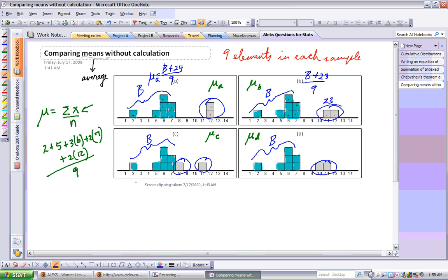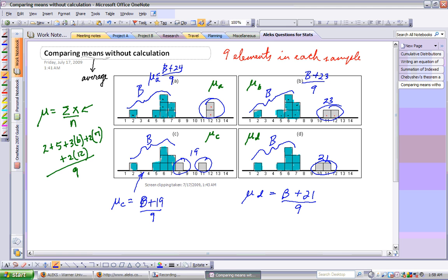This one down here, 8 plus 11 is 19, so the mean of C would be B plus 19 divided by 9. And finally, the mean of D would be B plus 10 plus 11, which is 21, so B plus 21 divided by 9. So whatever this total is, D is B plus 21, C is B plus 19, and A is B plus 24.